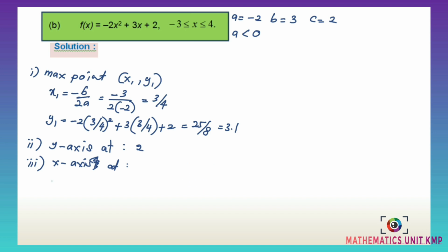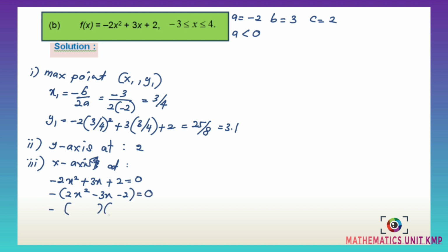From the function negative 2x squared plus 3x plus 2 equal to 0, we can factorize: 2x squared minus 3x minus 2 equal to 0.